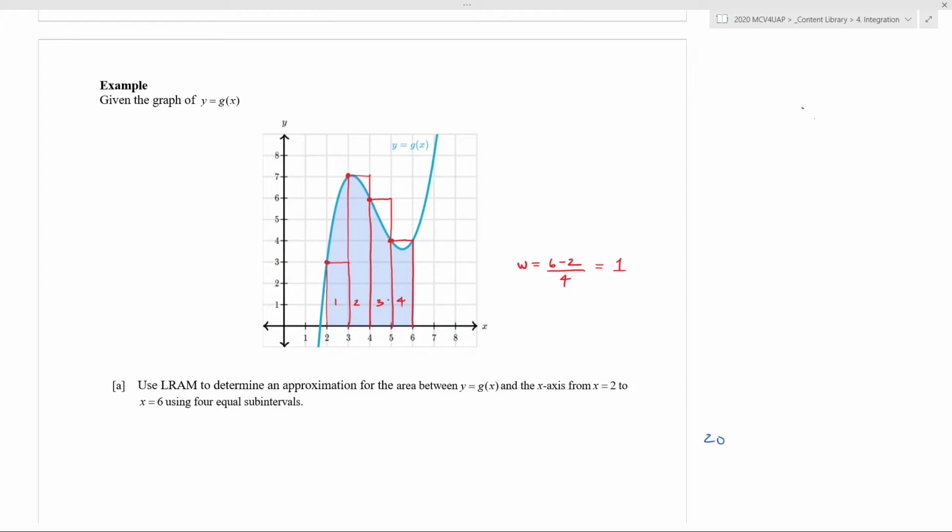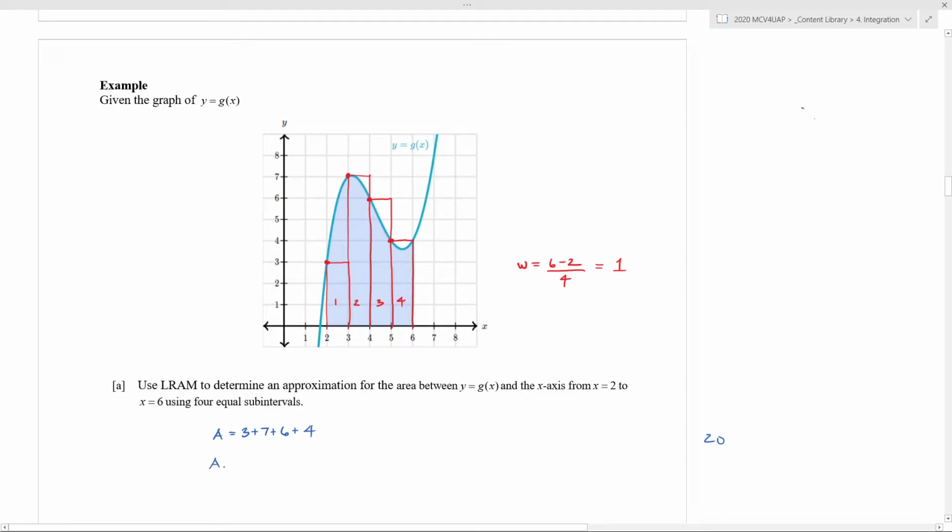So now if I want to approximate that area, all I need to do really from the diagram is count the boxes. So if I count the boxes, I get that the area is equal to 3 from the first rectangle plus 7 from the second rectangle plus 6 from the third rectangle plus 4 from the last rectangle.